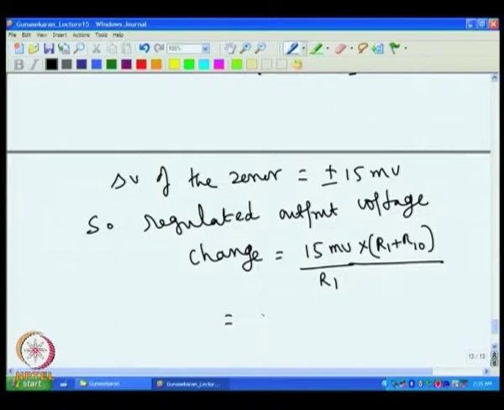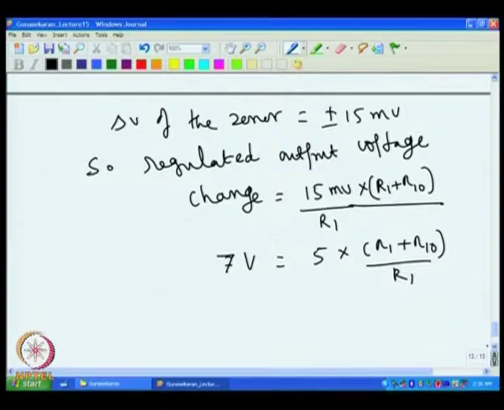we know the zener voltage is 5 volt, and R1 and R10 can be computed because 7 volt is our output voltage. 7 volts equals 5 into R1 plus R10 divided by R1, because we got 7 volt from the 5 volt reference. That means this ratio you can determine.